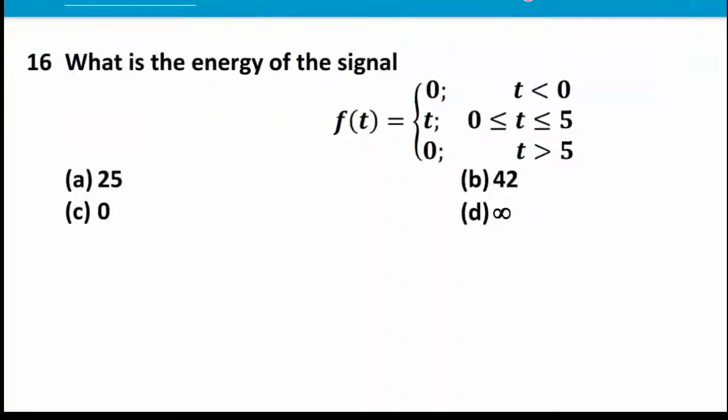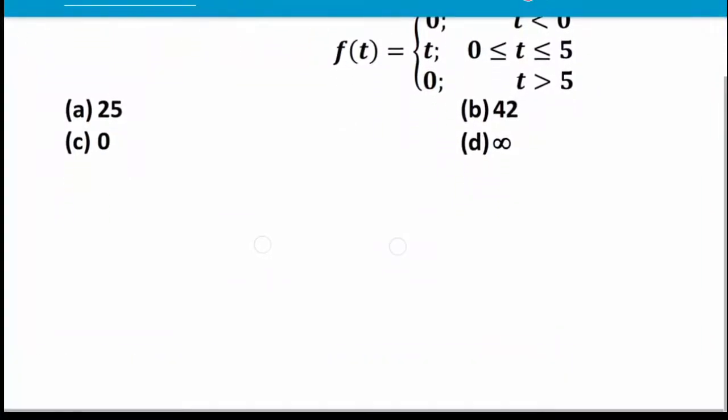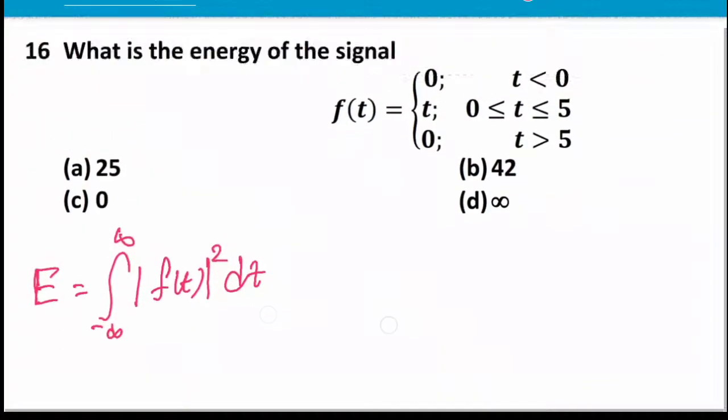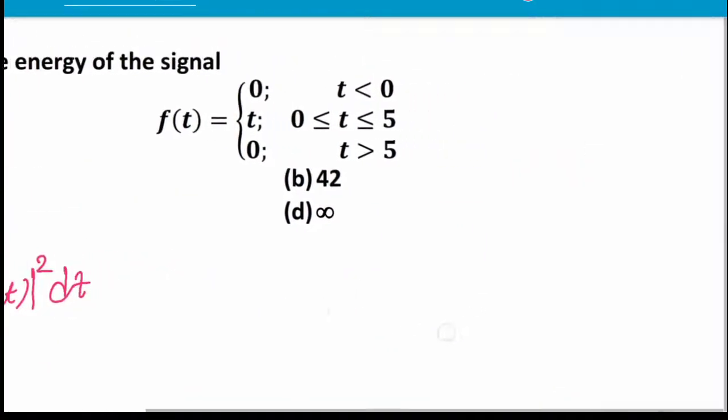Next question, what is the energy of the signal? What is the formula for energy? Energy of the signal is defined as minus infinity to infinity mod of that signal square dt. This is the formula, and here function f(t) is given: below 0 value of the t, it will be 0.